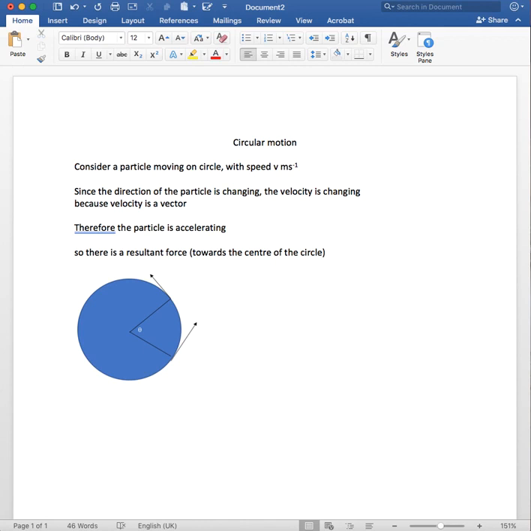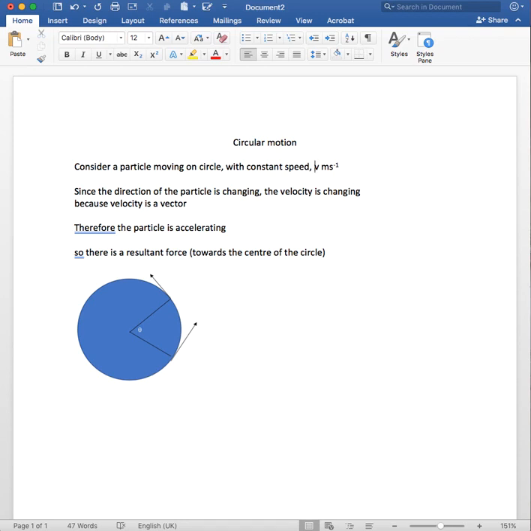Particle moving in a circle with a constant speed. I should have said constant there perhaps, just to make it clear, although since I said it was v, it should be clear that it's constant. So it's moving at a constant speed, v meters per second, in a circle.